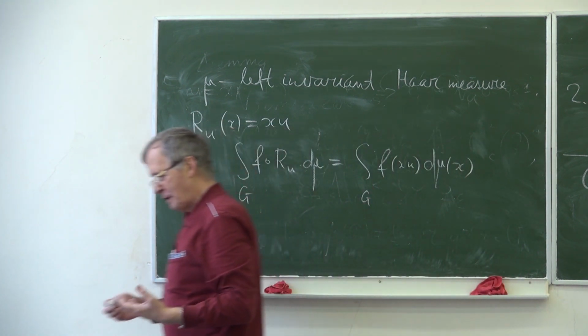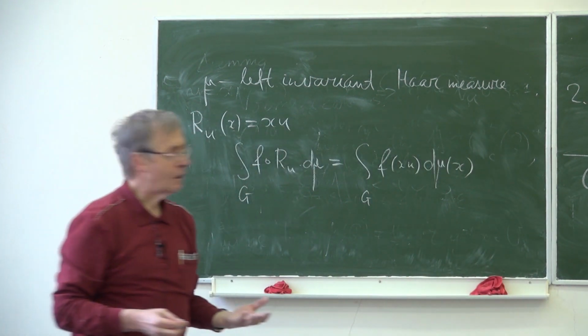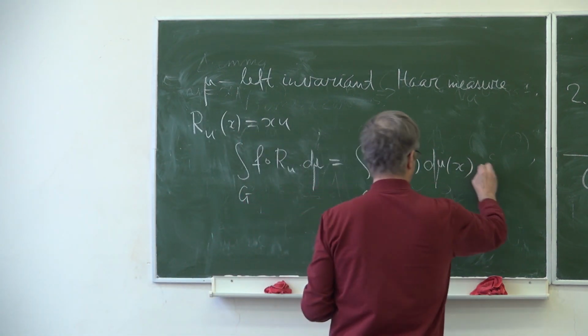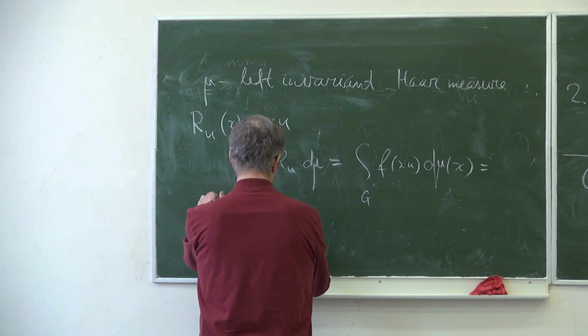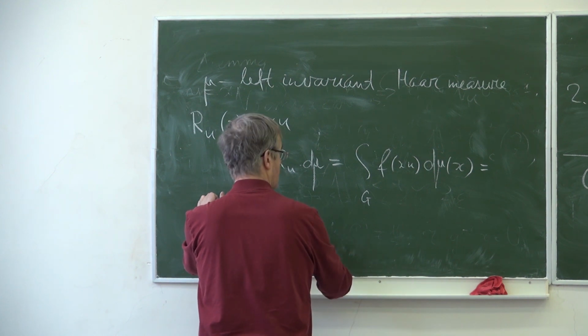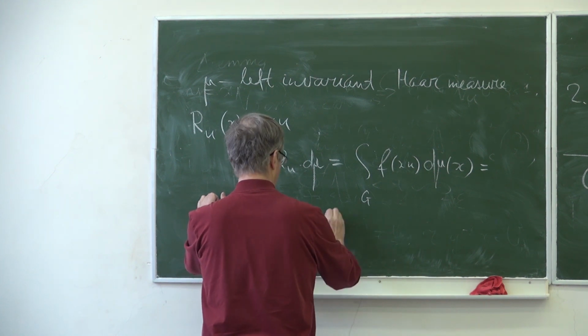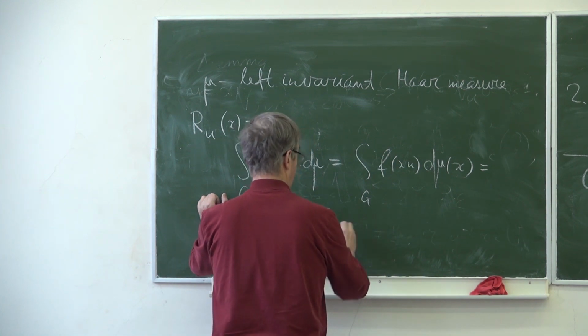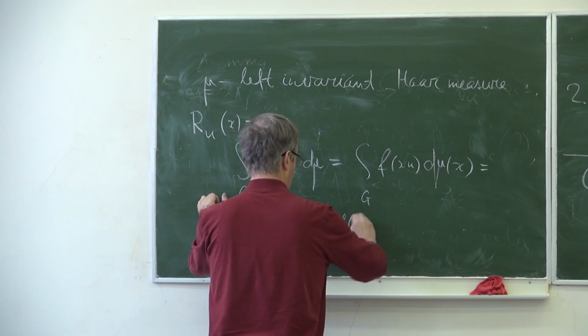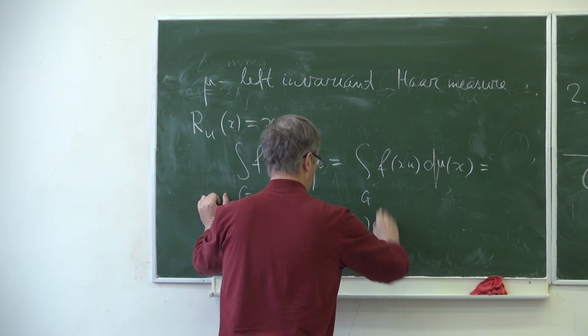By the fact that a left invariant measure is essentially unique, we find a constant. Let us denote it by xi of u, so that this is equal to the integral over g of f of x.